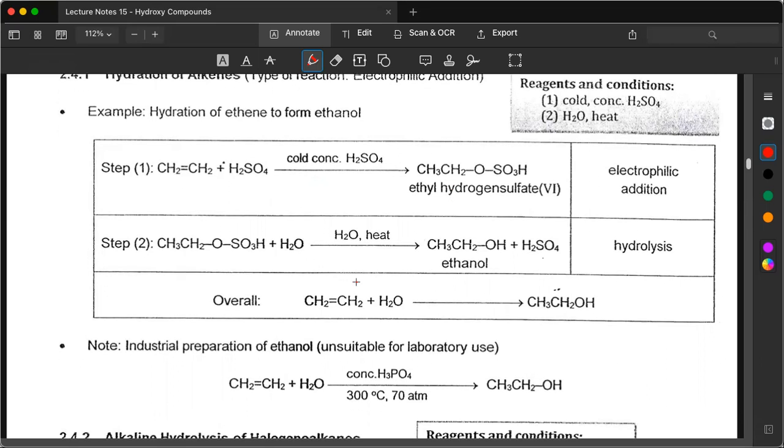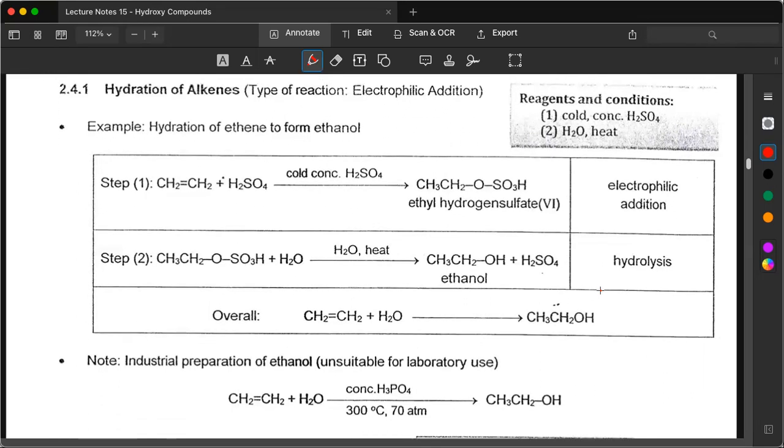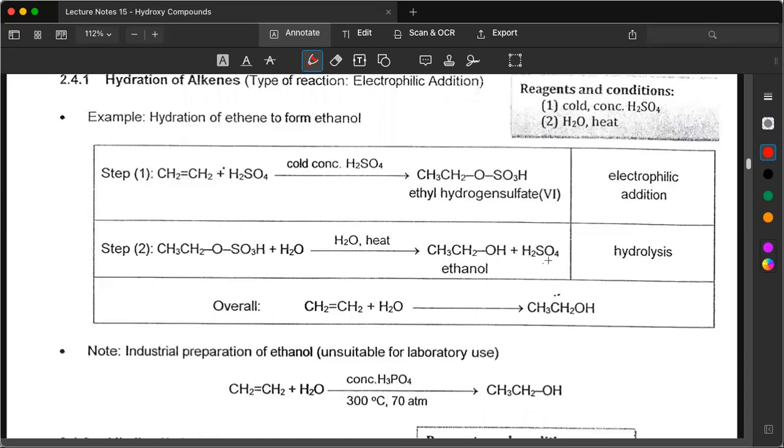In step 2, the intermediate product, ethyl hydrogen sulfate, reacts with water in hydrolysis, which involves the breaking or cleavage of bonds, and sulfuric acid is formed back. So sulfuric acid behaves like a catalyst because it's regenerated at the end of step 2 and is used again in step 1.